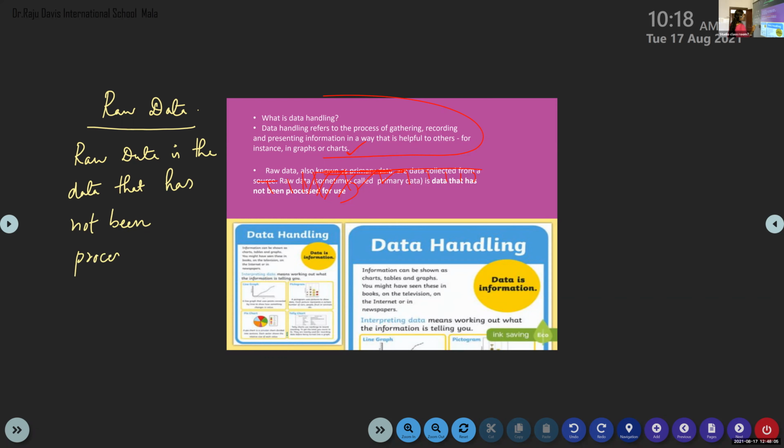Processed means organized. Processed for use. Not processed for use.